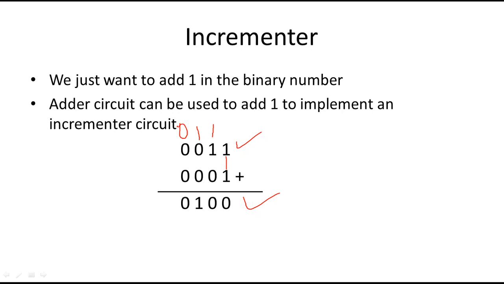And finally 0 plus 0 is equal to 0. So if we see, we had a number which was equal to decimal 3, we added 1 to it and we got 4. So 0100 is our representation of 4.